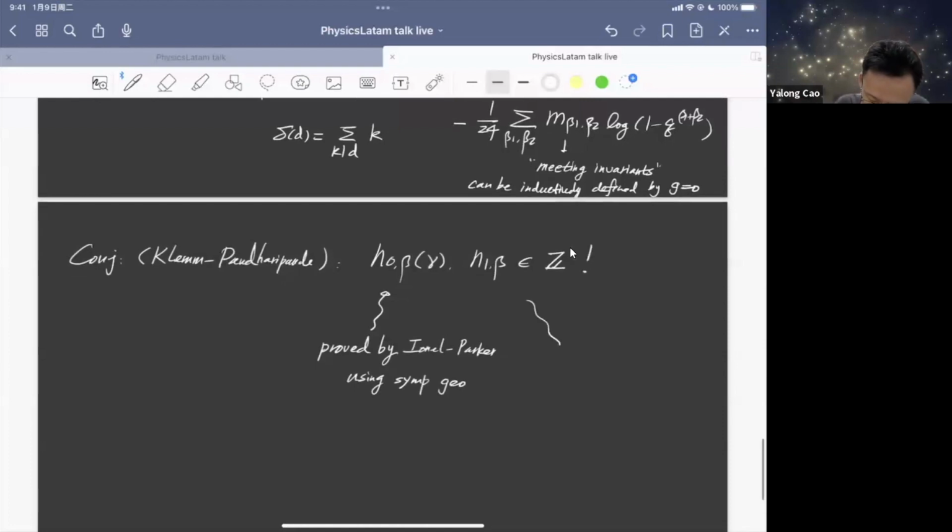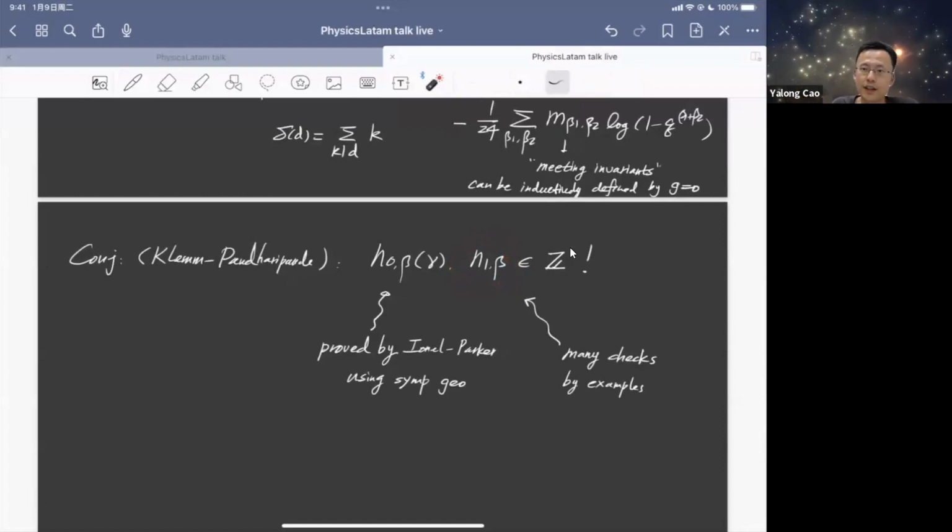And the second, there are many checks by examples saying that these numbers are actually integers.